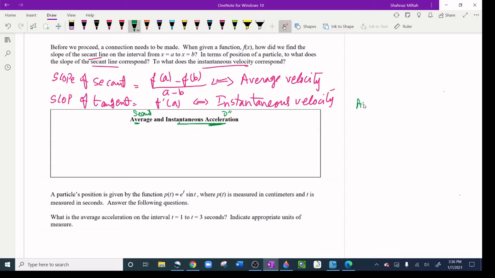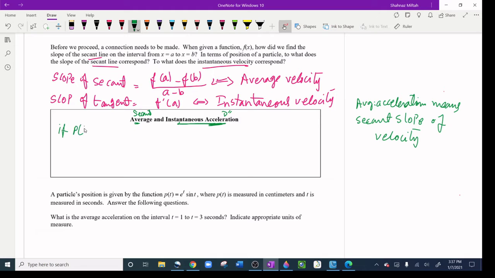If I have an average acceleration, then it means we are looking for a secant slope, because you know the word average goes with the secant slope. If they are asking acceleration, I'm looking for a secant slope of velocity. So remember that.